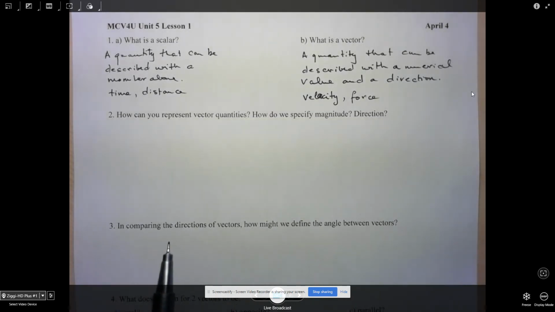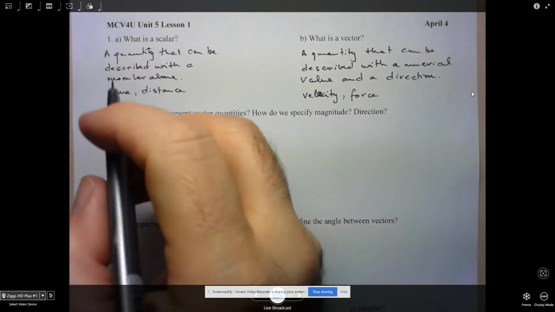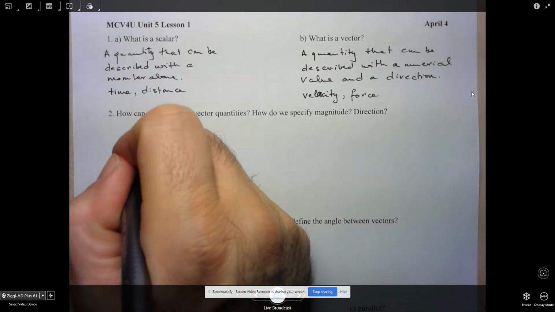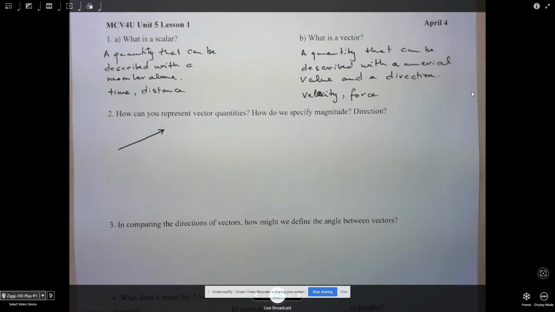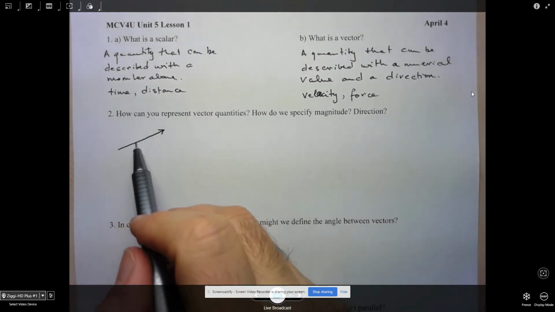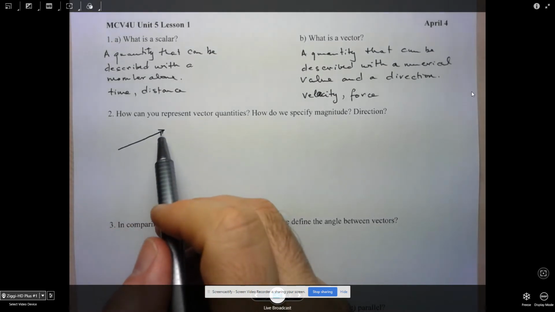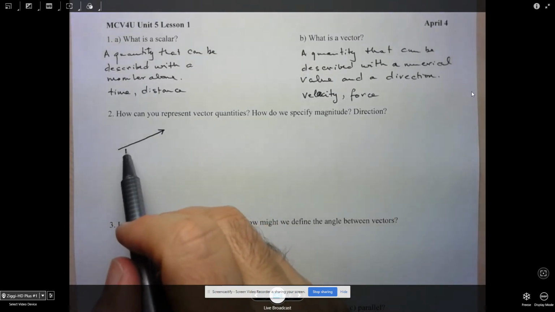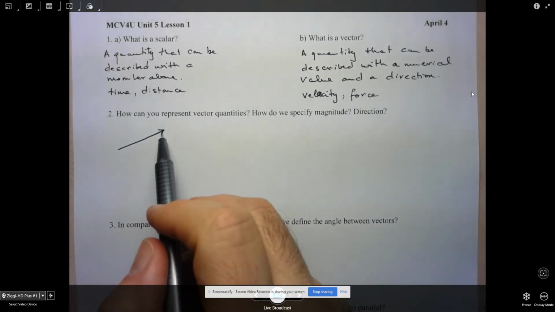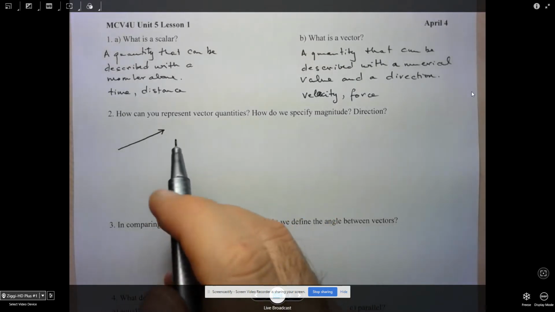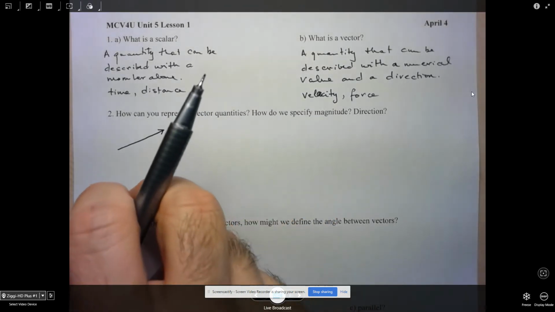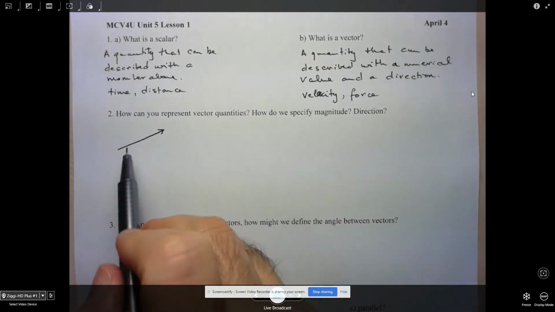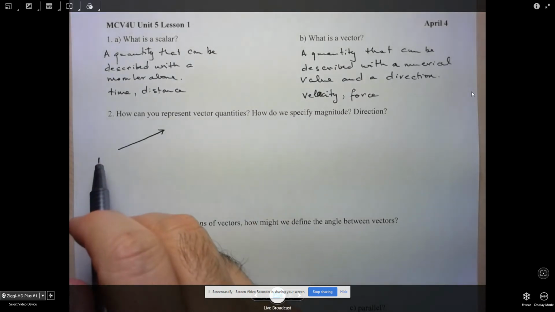I would say the simplest way to represent a vector quantity is pictorially, and what we could use is the arrow. Why the arrow? Because we can take the length of the arrow to represent the magnitude, and the direction that the tip is pointing would just represent the direction. So we're very explicitly representing the direction of motion.